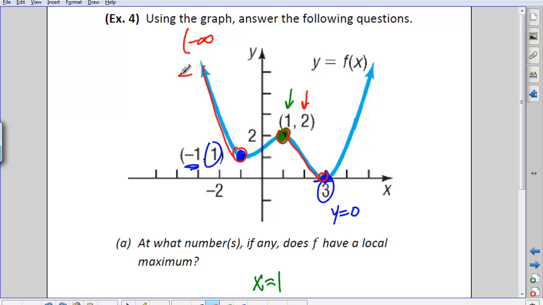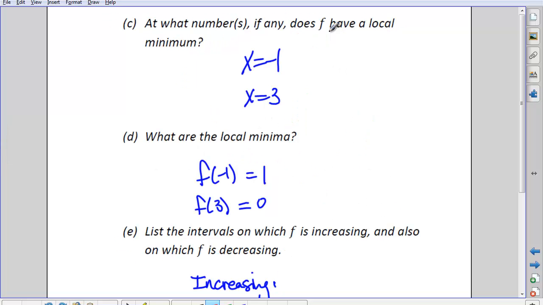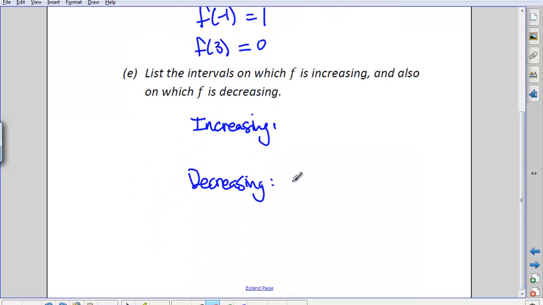It keeps going to the left further and further. So -infinity, and then it dead ends here at that x value, -1. And then for this piece, it goes from 1 to 3. Okay, so we're decreasing from -infinity to -1 and 1 to 3.